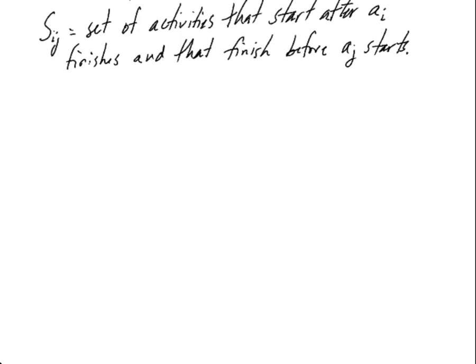Okay, what does that mean? Let's draw a picture. So here we're going to have activity A_i. Over here we'll have A_j on the timeline. Then we're going to have some activities in here.